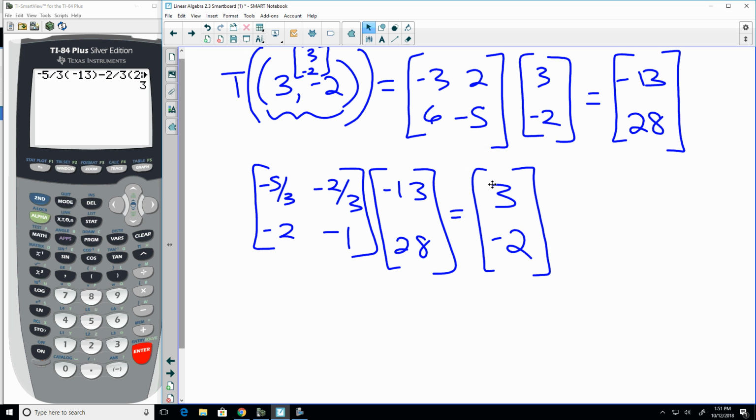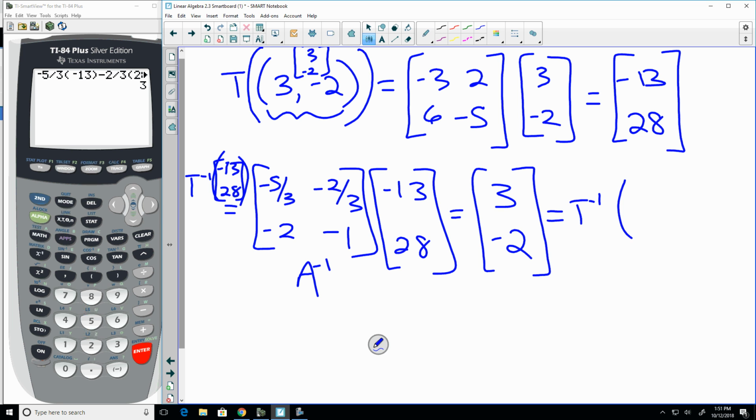Negative 2. So this is A inverse. And this is T inverse of negative 13, 28. Right over here. So this is T inverse of negative 13, 28. Yeah.